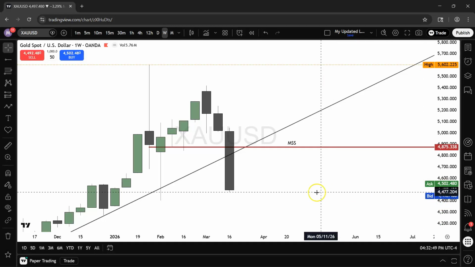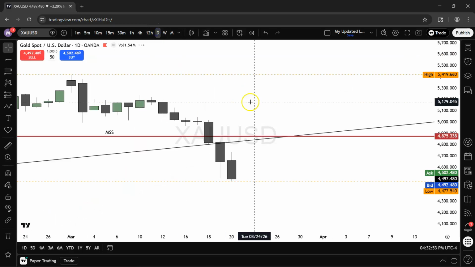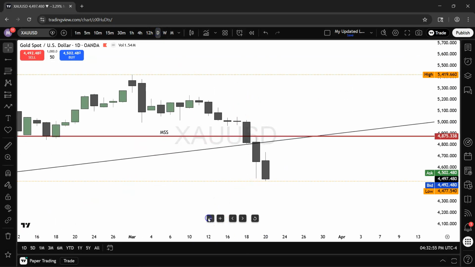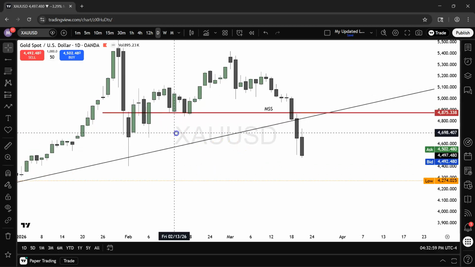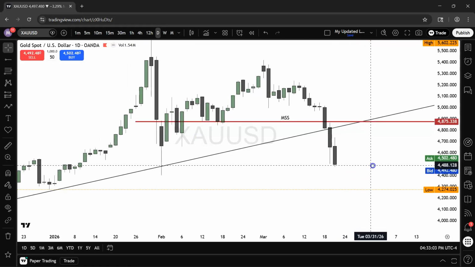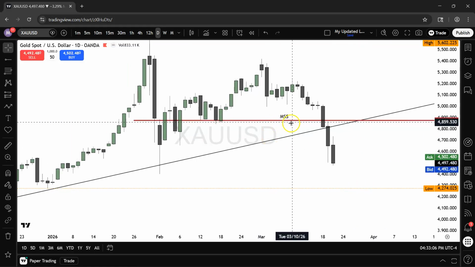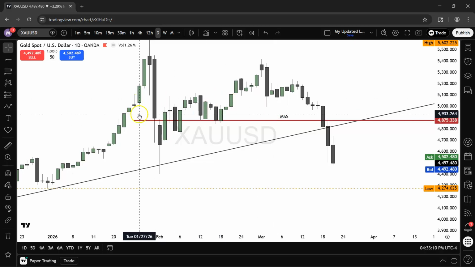All right, now this is the weekly. Now we're going to drop down to the daily, and we see the same thing occurring on the daily. Okay, now we already know it's a market structure shift, but which is that black candle right here.